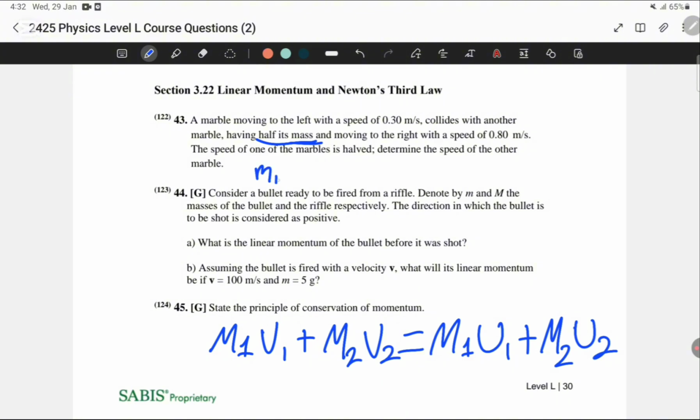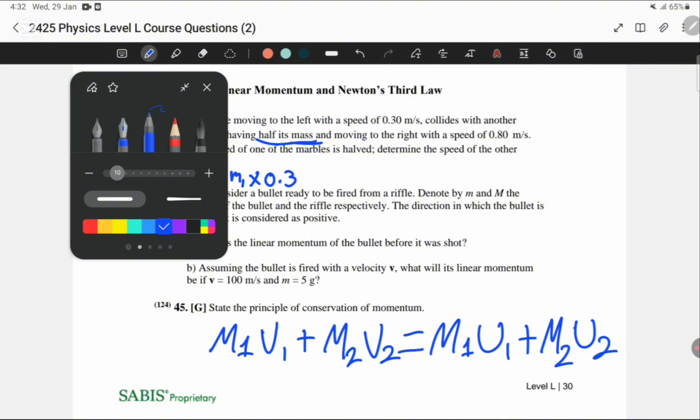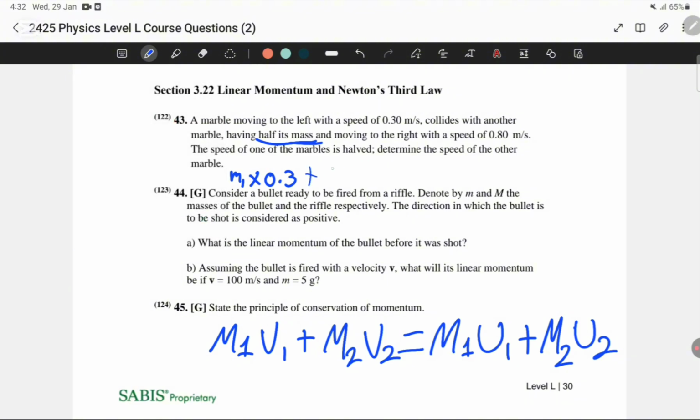So mass 1 times 0.3, and plus mass 2, 1 over 2 mass 2. They said here half its mass, times negative 0.8, because it's going to be moving in the negative sense.